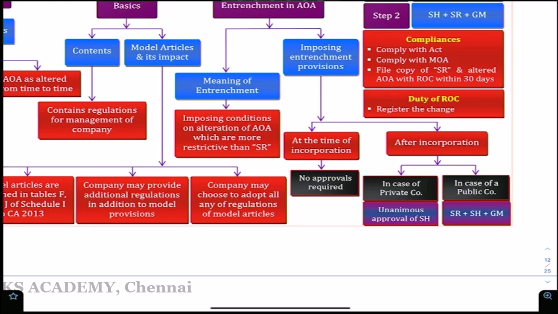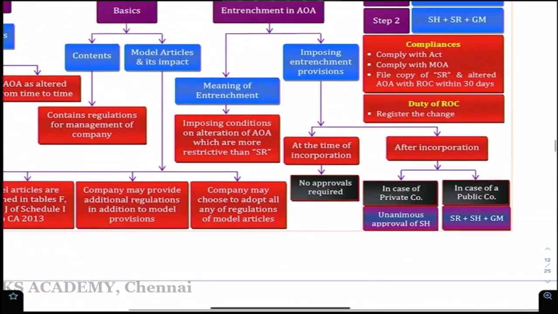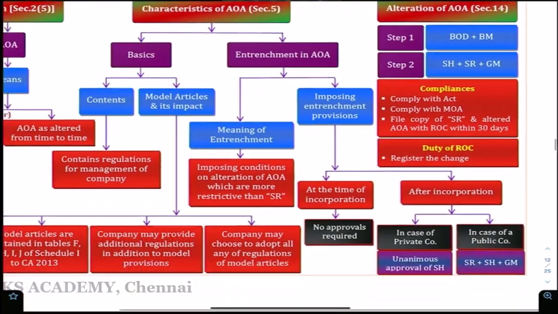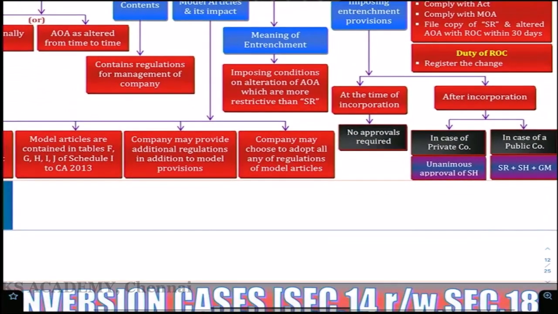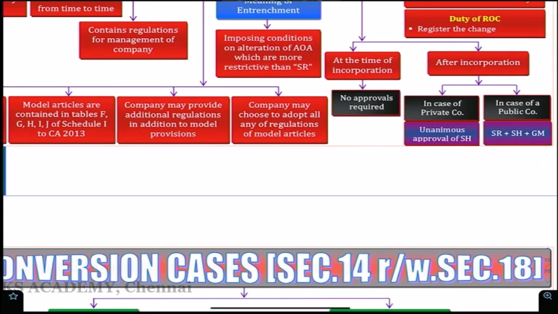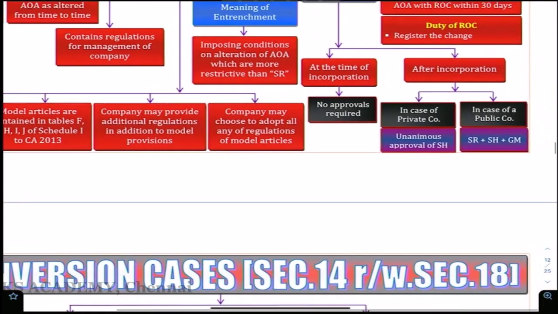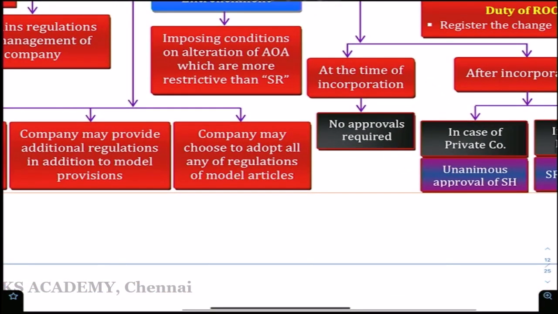Sir, no sir, company are not at incorporate. The time of incorporation of company I want to entrench. In that case, no approval required, directly you can include the entrenchment provisions. Sorry, next. After that, this is what we have seen. Entrenchment of AOA. Meaning of entrenchment, imposing conditions on alteration of AOA which are more restrictive than special resolution.